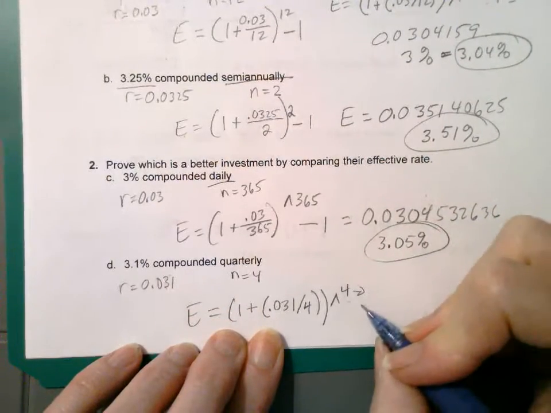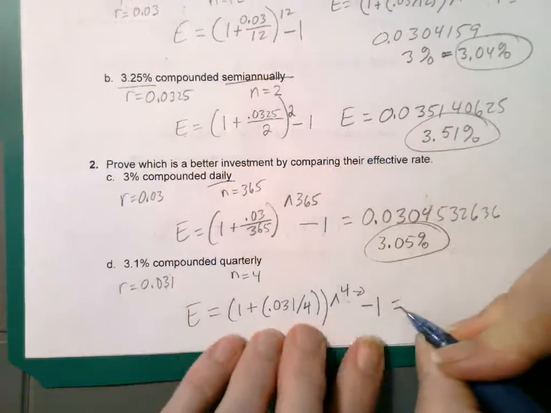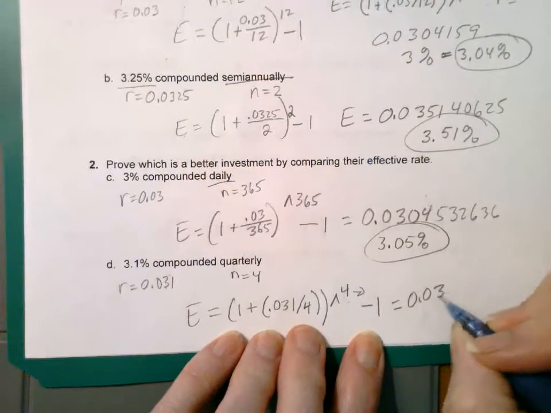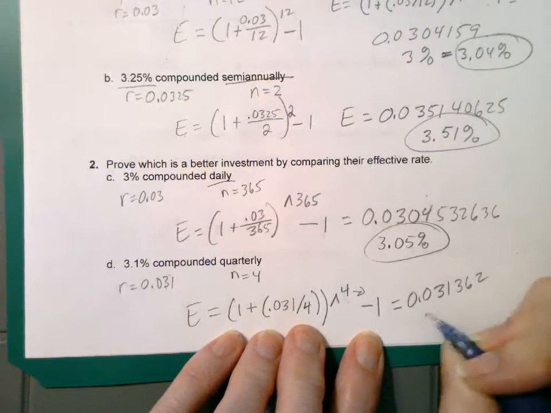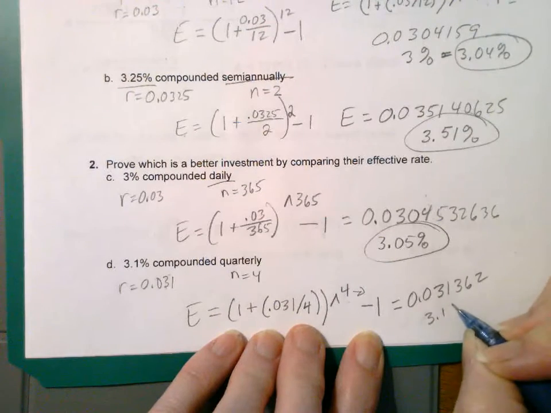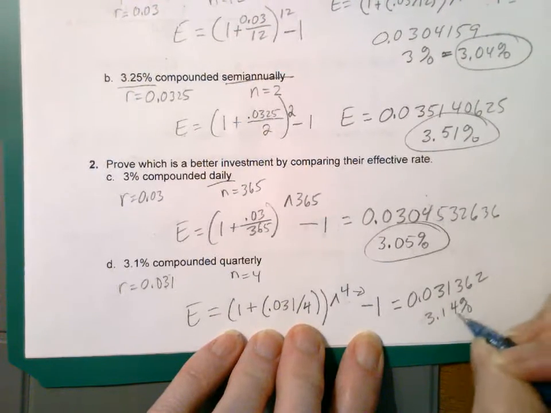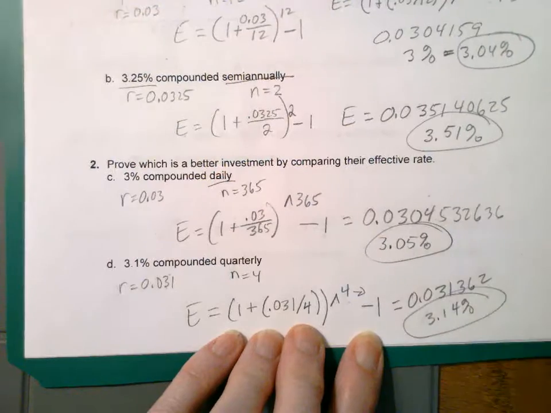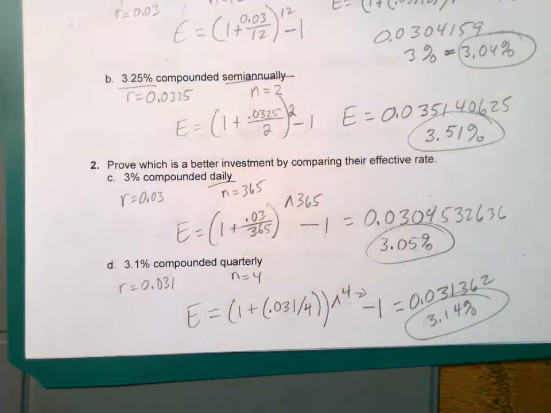Use that arrow to come down and go minus 1. 0.031362, or 3.14% if we're rounding to 2 decimal places for an interest rate.